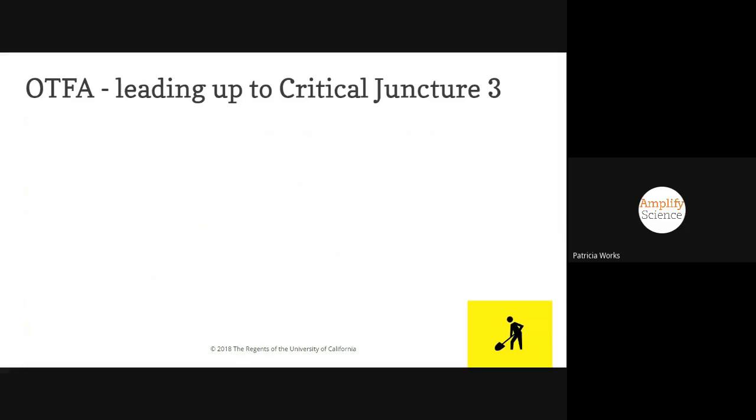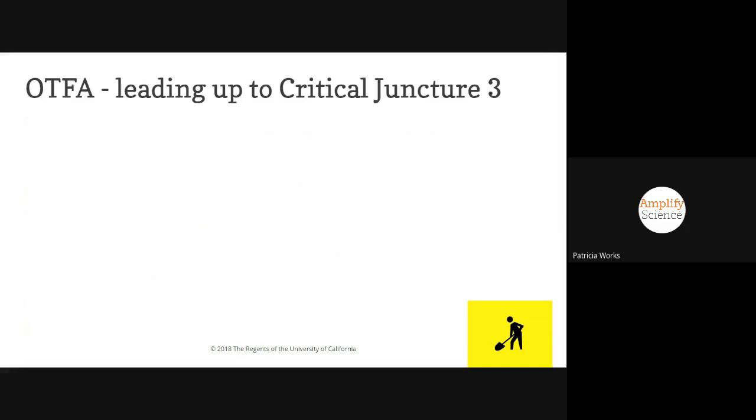And last, we want to find and list the last set of on-the-fly assessments that are leading up to critical juncture 3. Well, as you can see, there are many opportunities to collect formative information on students' developing understanding, and there's some great suggestions on what to do to help students who are needing a little boost to get there.